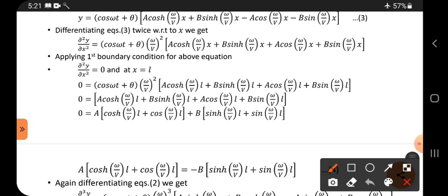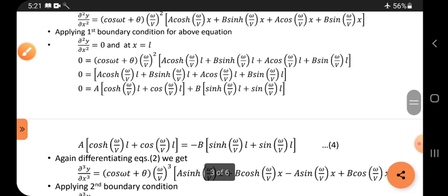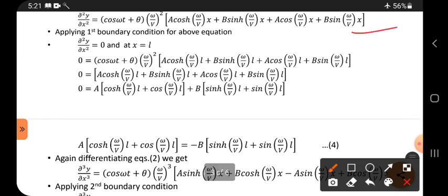See here, one time already it is done. Let me differentiate simply this one only. It is already differentiated 2 times. If you differentiate it once more, then it becomes 3 times. So it becomes like this only.